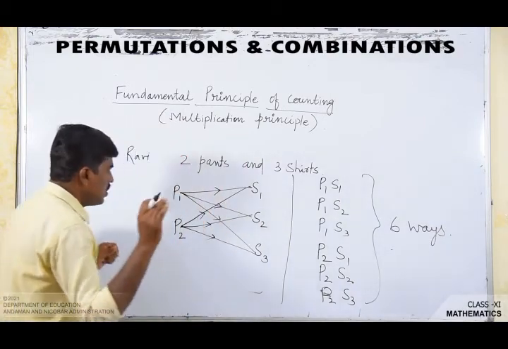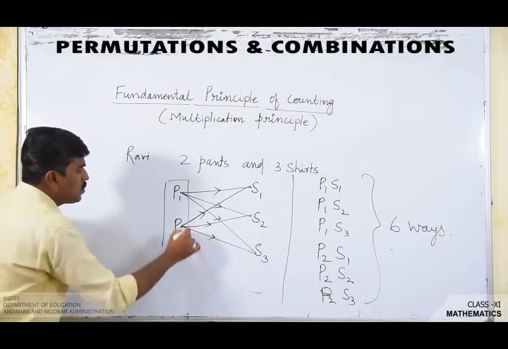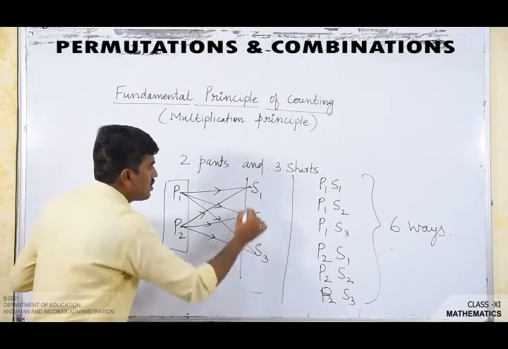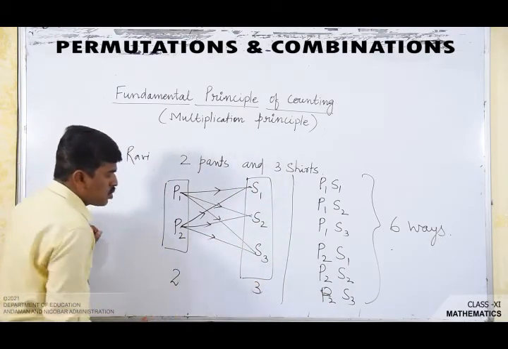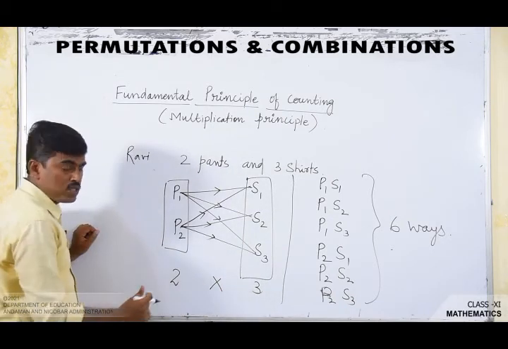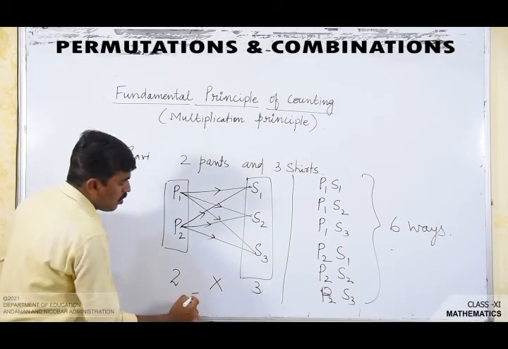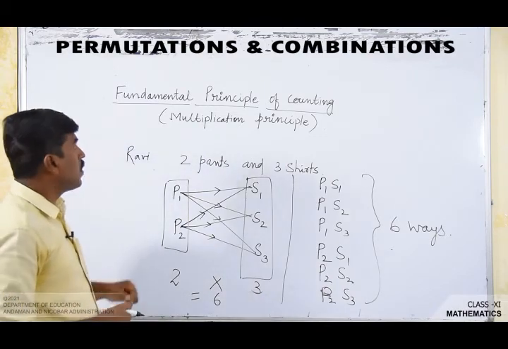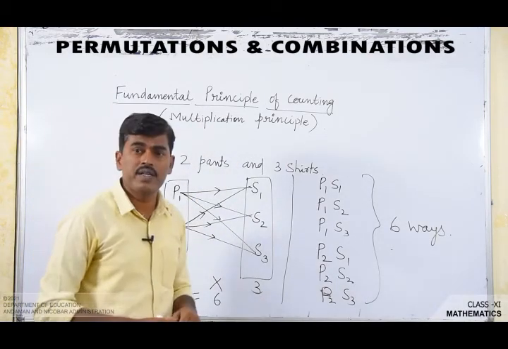Okay. You listen carefully. There are 2 pants and 3 shirts. So if we multiply 2 into 3, then also we are going to get 6. That means, what does this fundamental principle of counting state?